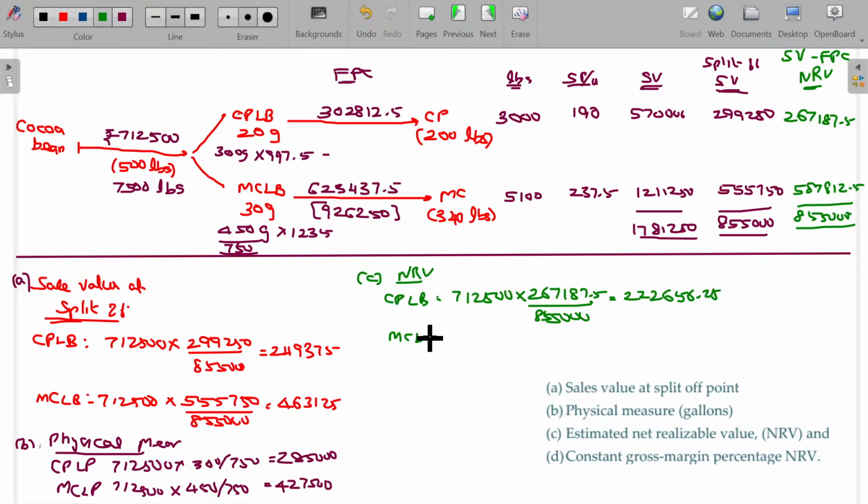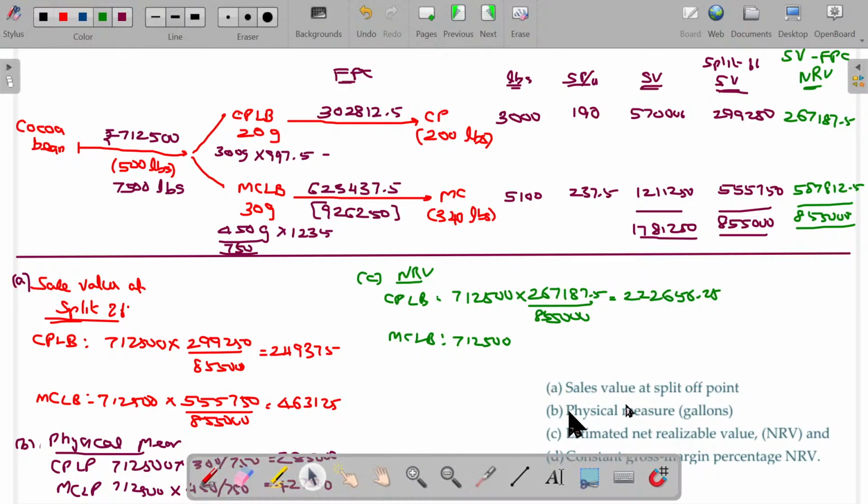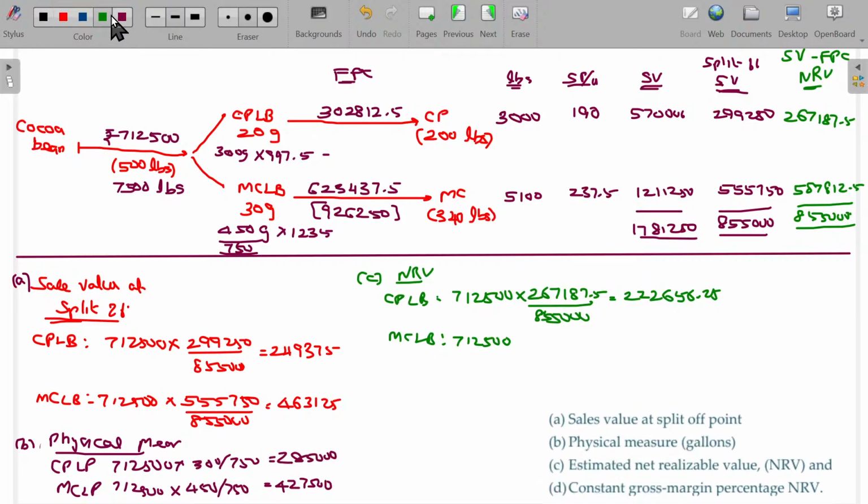Milk chocolate liquor base, in this case being 7 lakhs 12,500 into 5 lakhs 87,812.5 divided by 8 lakhs 55,000. So 4 lakhs 89,843.75.